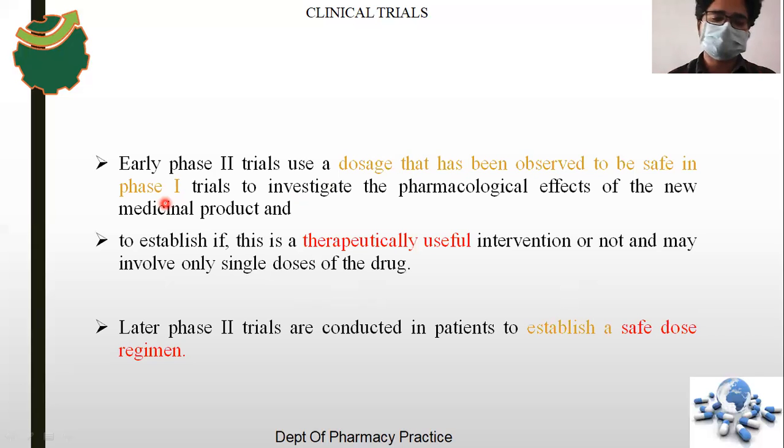We do dose escalation, dose extrapolation, and we'll do it. When it comes to phase 2, we'll be considering the data from preclinical trials and phase 1 both. Then we start giving doses, and the first dose given in phase 2 trials is the dose which is observed to be safe in phase 1 trials.